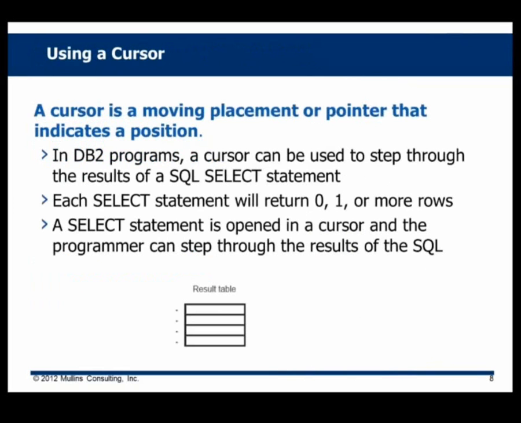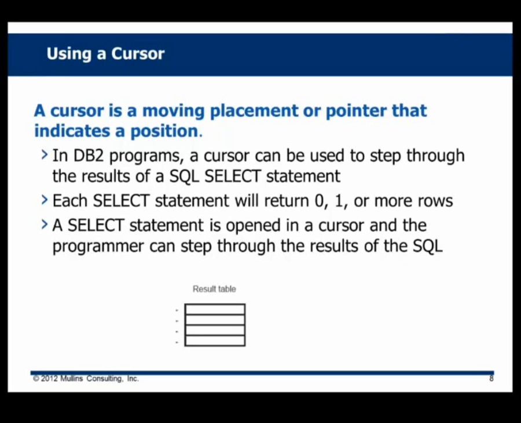So that's why we have cursors, right? All a cursor is, is a pointer, a moving placement that indicates a position. In a DB2 program, you use that cursor to step through the results of a select statement. So we code up a select in a cursor and fetch row by row from it.